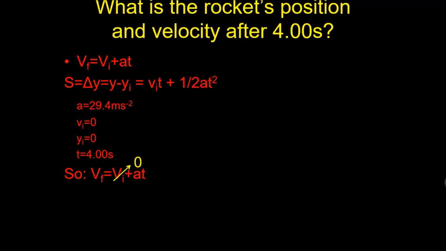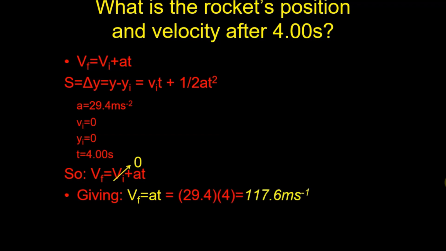This means v is essentially equal to at, which is a definition you could know without even employing the equation of motion if you wished. And that's going to be 29.4 meters per second squared times 4 seconds. That will give us 117.6 meters per second. So this is the velocity that the rocket is traveling at the end of phase 1, when its engines burn out after 4 seconds.